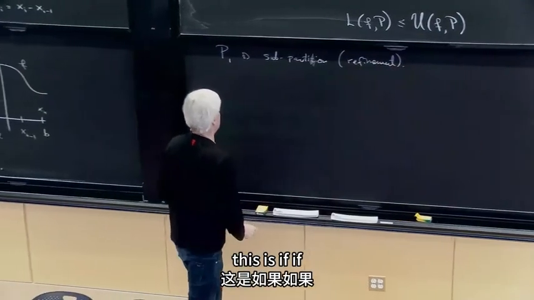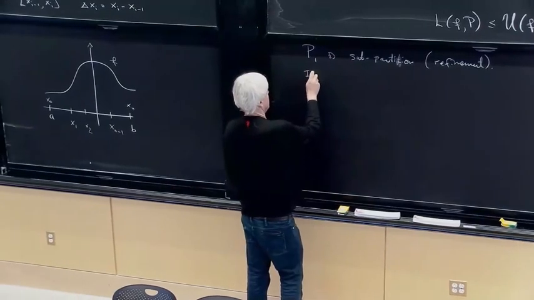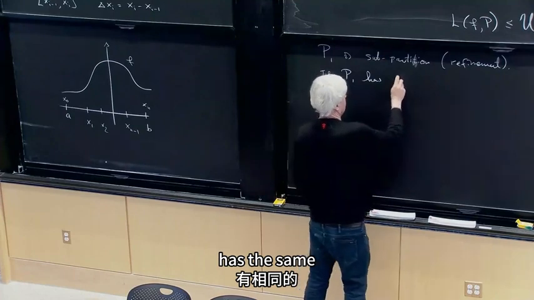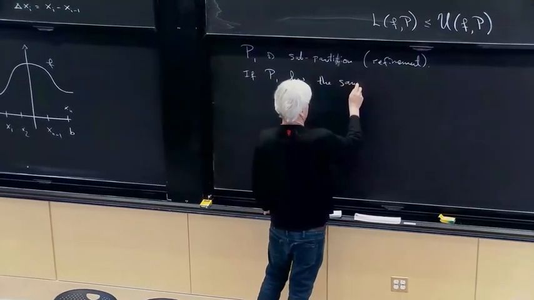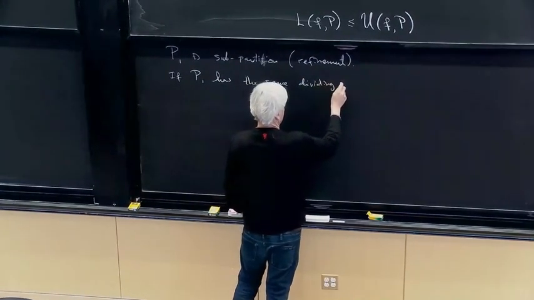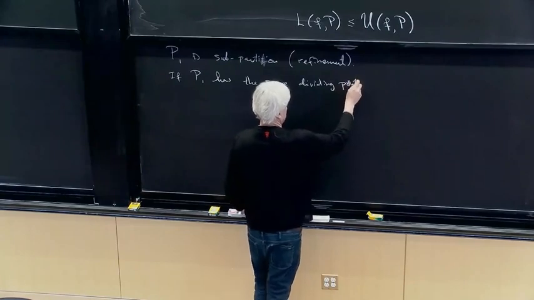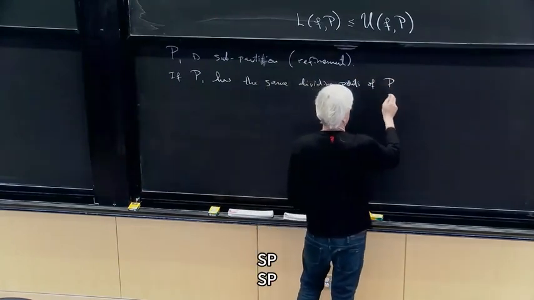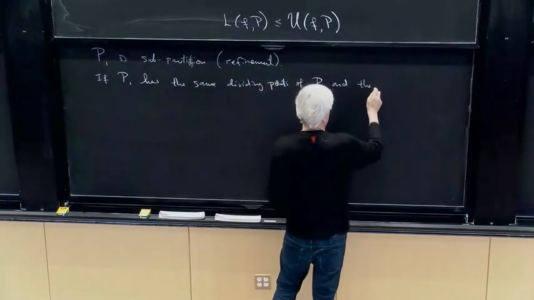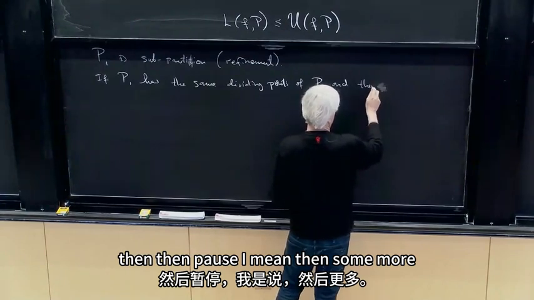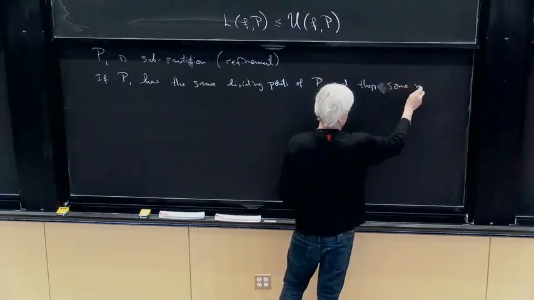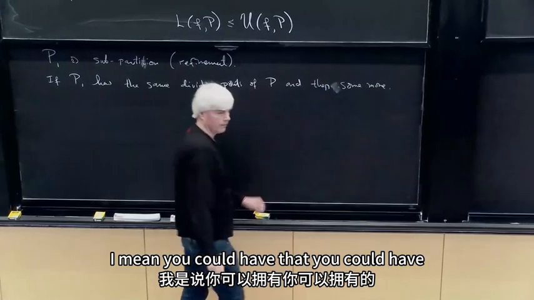This is if P1 has the same dividing points as P, and then presumably some more.